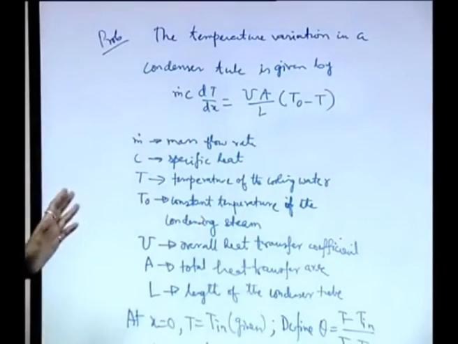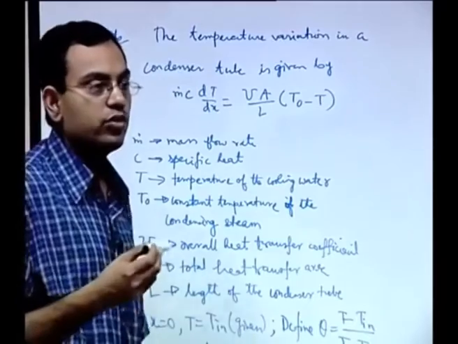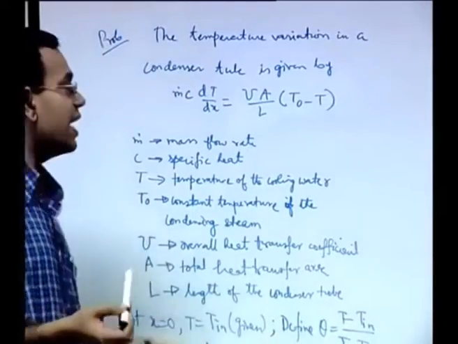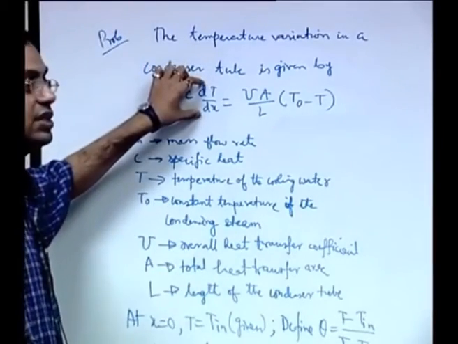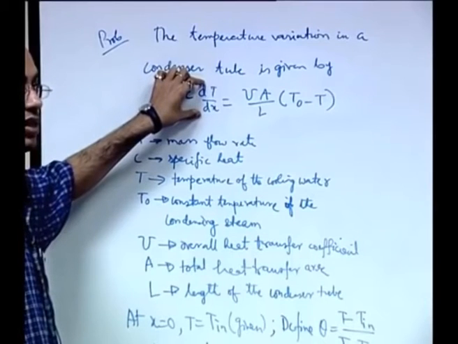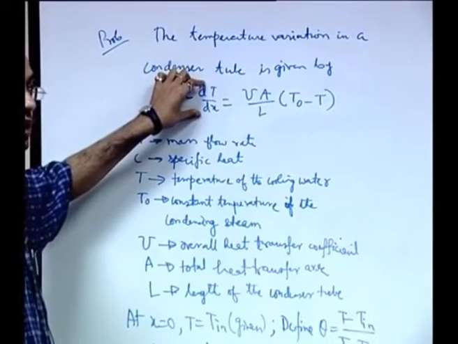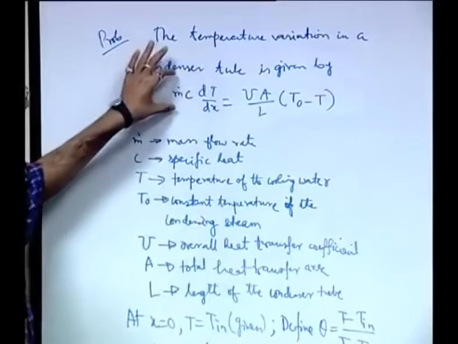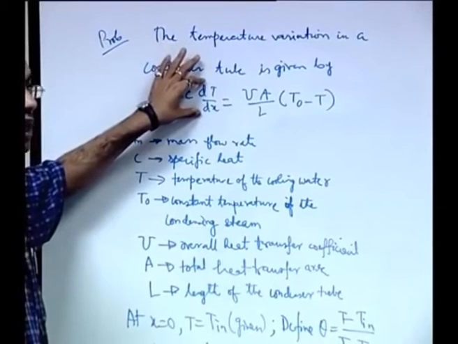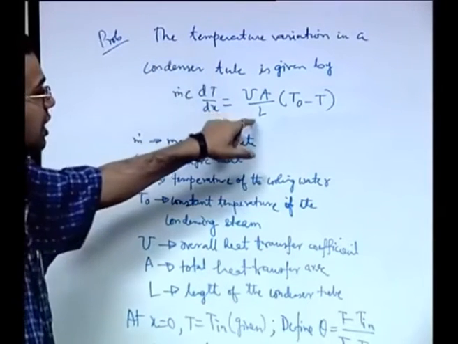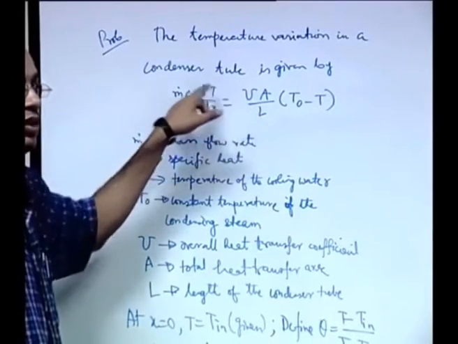So it is basically a heat balance. Whatever is the heat rejected from the steam to the cooling water gives rise to an axial increase in temperature of the cooling water at steady state. So this is the rate of increase of temperature of the cooling water, and this is the heat that is dumped from the steam to the cooling water.